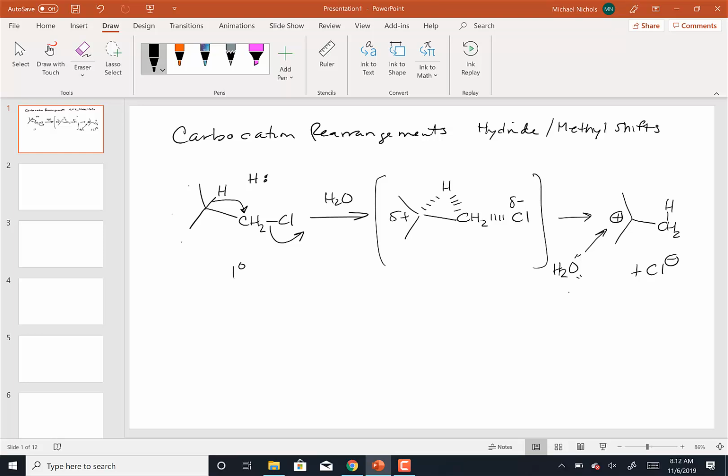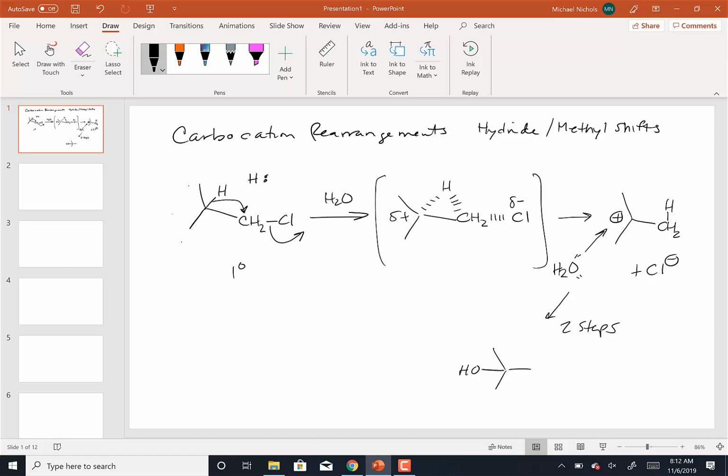So we would have two steps, right? We would have our two steps to form the final product, which would be tertiary butyl alcohol. And so this rearrangement is something that can occur.